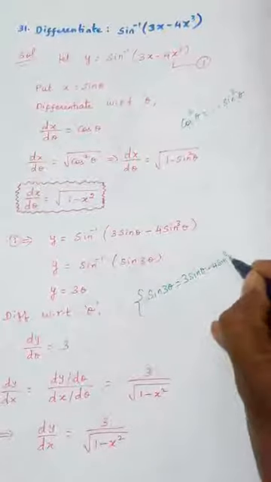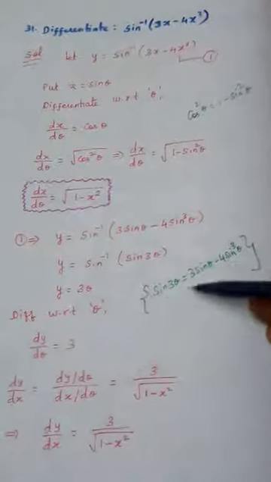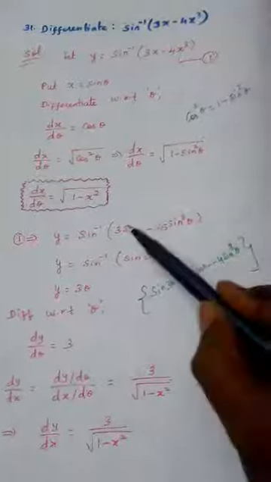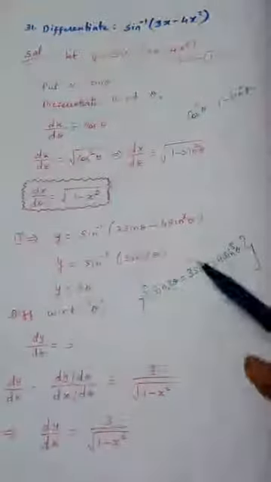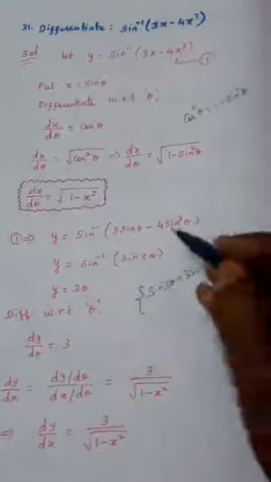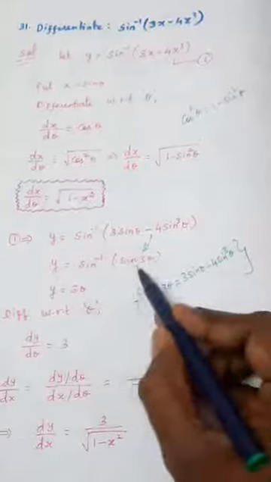If you don't know this, it is because in 10th standard this is not there, so we should memorize it. So using the trigonometric formula, this entire thing is written as sin 3 theta.